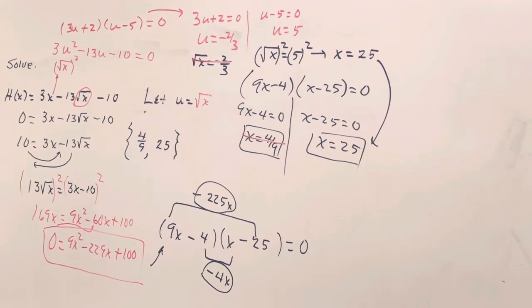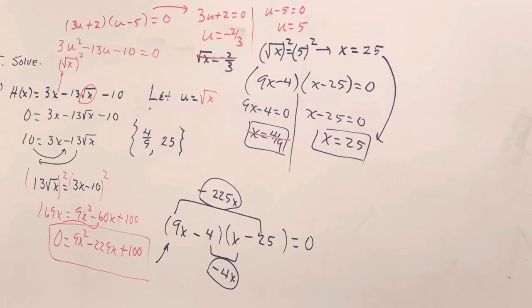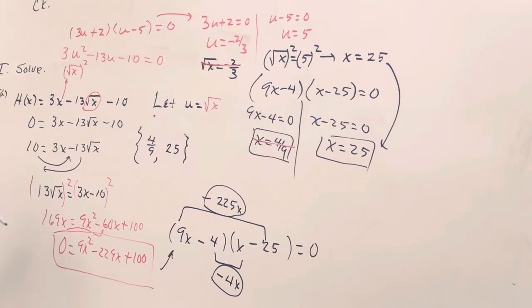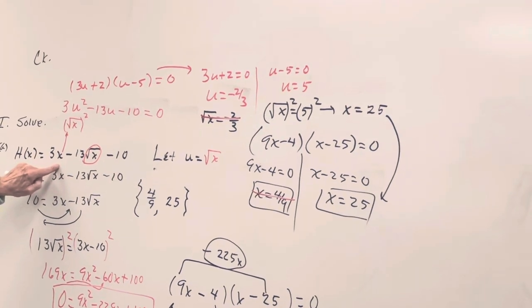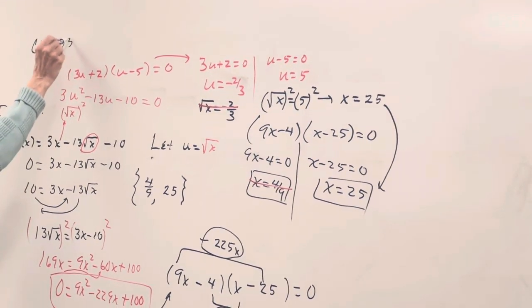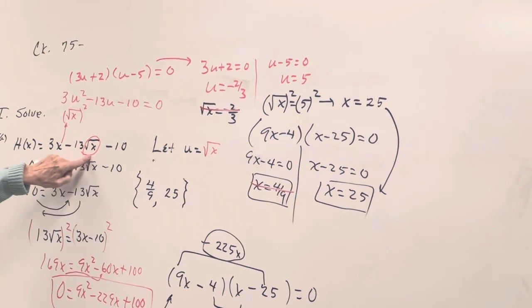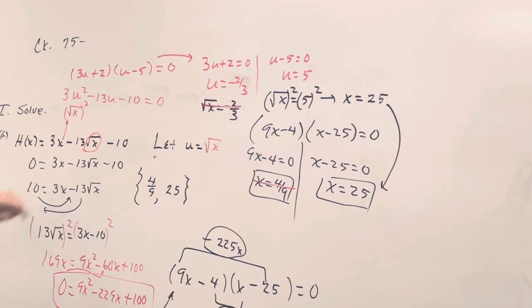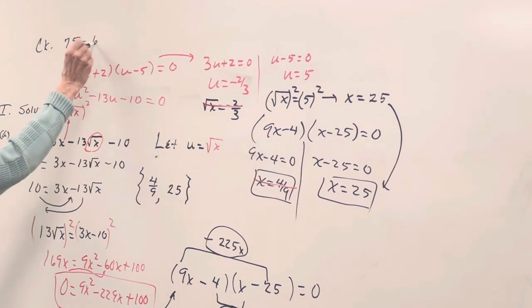And for goodness sake, hang on. Let me check this. Just 25. Guys, real quickly, replace 25 here, 3 times 25 in the original is 75. Put a 25 underneath that square root. Square root of 25 is 5 times 13, I think that's 65.